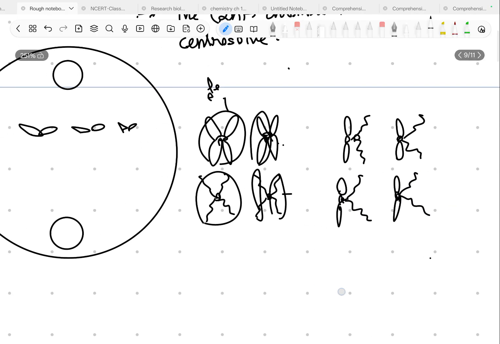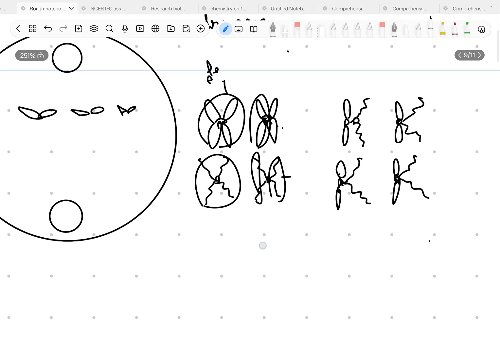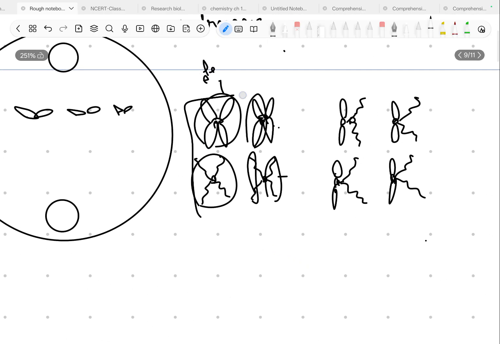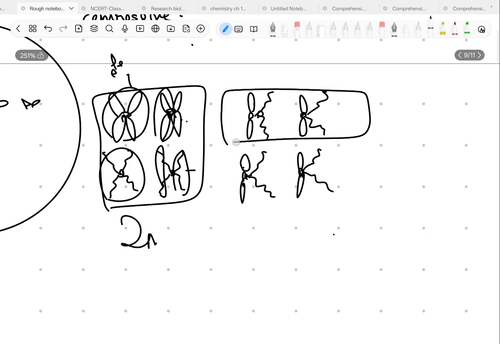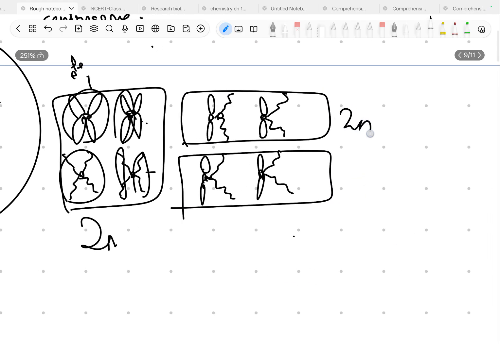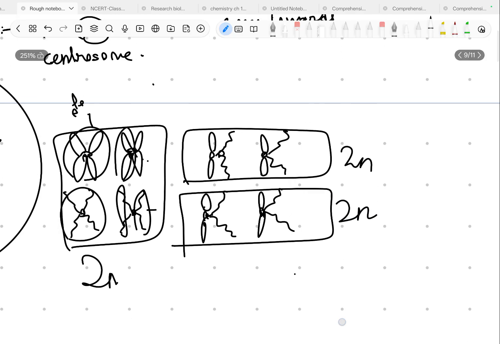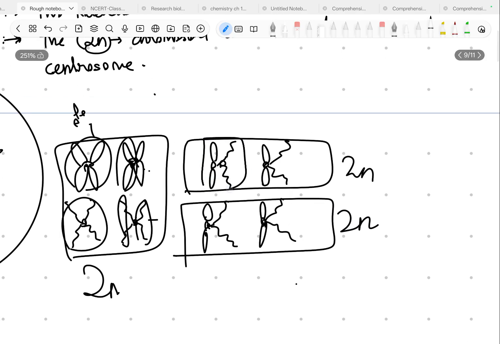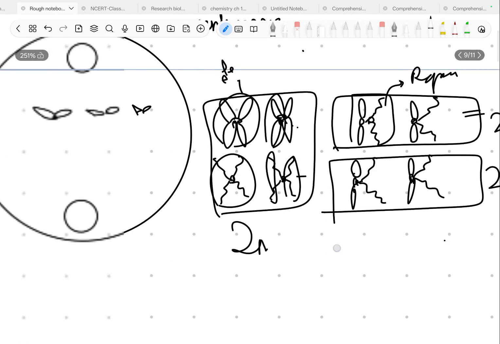So you are making 2n convert into 2n; afterward it will replicate and become fully 2n.